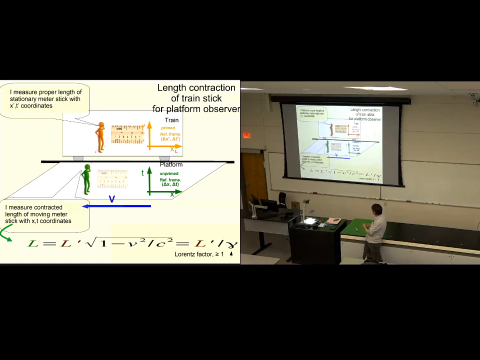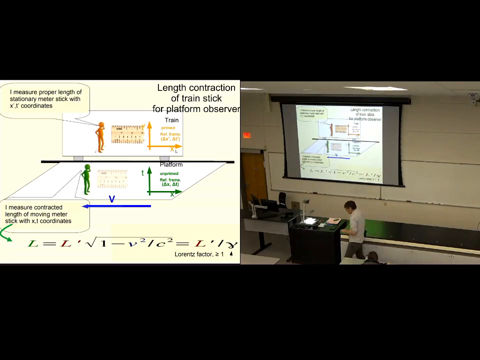It's the proper length as measured in the train reference frame, that's this brown-colored L prime here, multiplied again by the square root of 1 minus v squared over c squared, or equivalently divided by the Lorentz factor gamma. And remember, gamma is bigger than 1, so multiplication by 1 over gamma is going to shrink the proper length to the contracted length. So the platform observer is seeing a contracted length of the moving train meter stick.